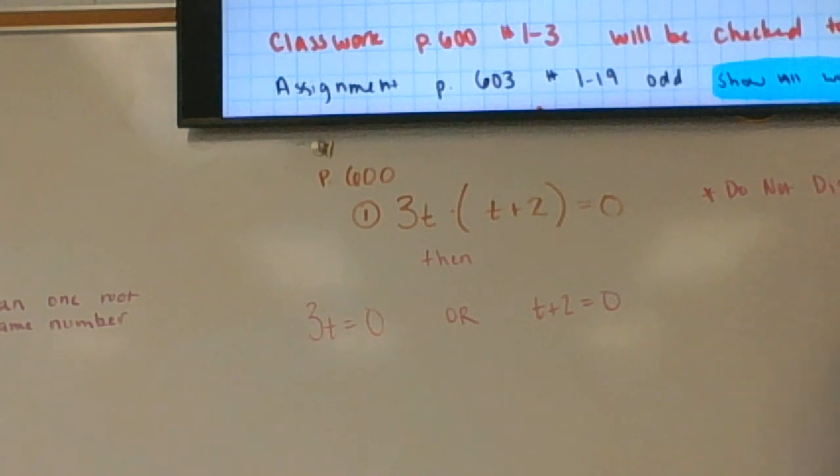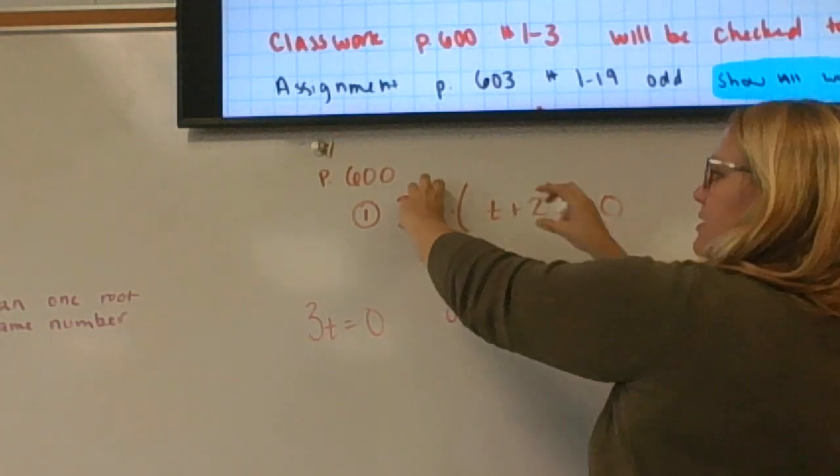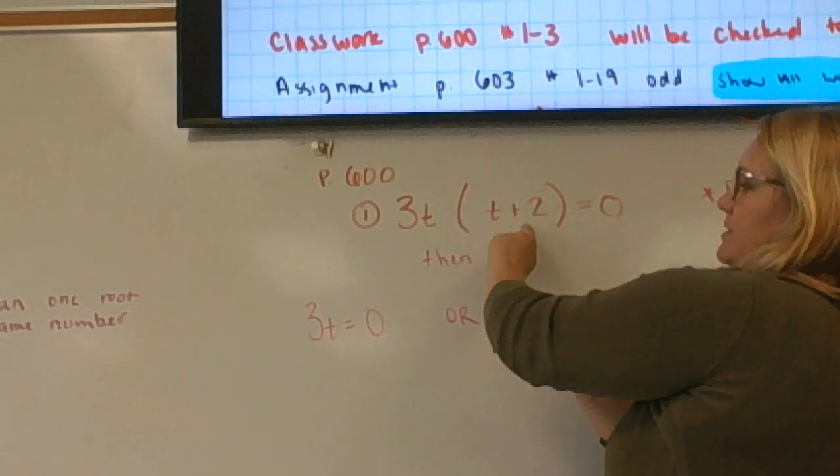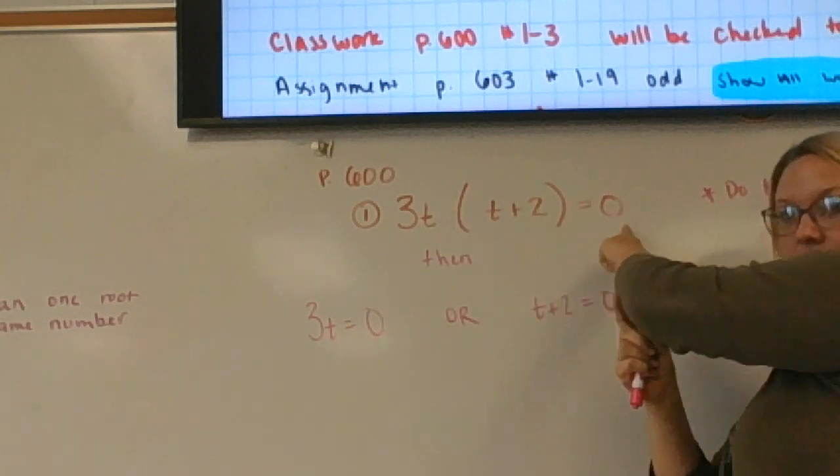Well, first, before you understand it, you have to buy into this. If I did 2 times x is 0, could you tell me what x is? 0. If you're multiplying and the answer is 0, then one or both of the things you're multiplying must be 0. You buy into that. Okay, so this is multiplication because it's a parentheses, right? It's this times this, and they equal 0.